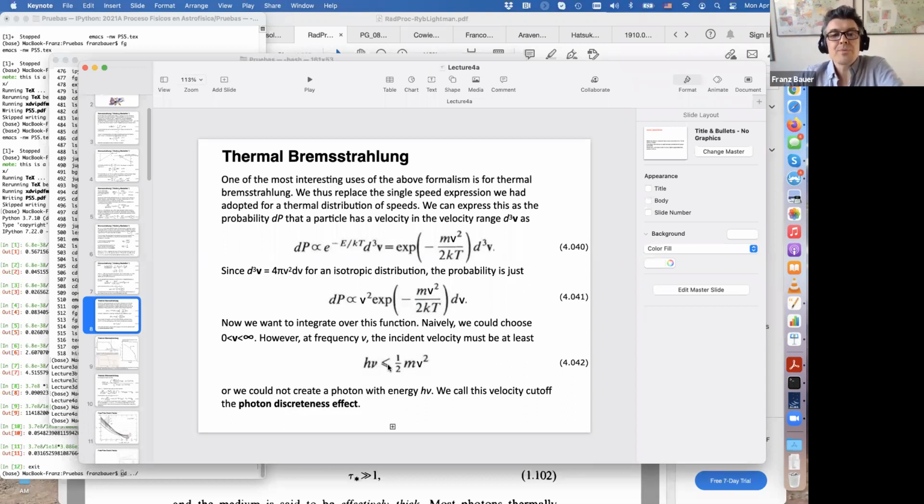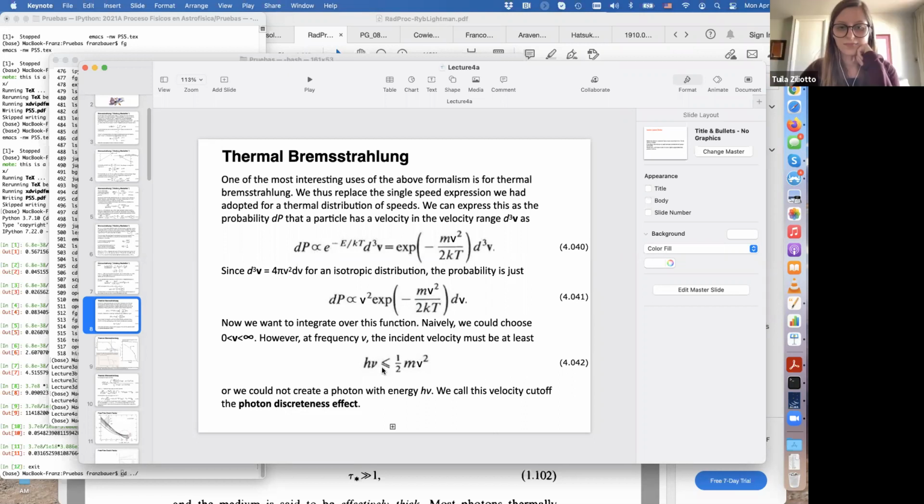And generally, this particular electron could not create a photon with an energy greater than this, right? Because it would have to get it from somewhere, and it doesn't have that energy.